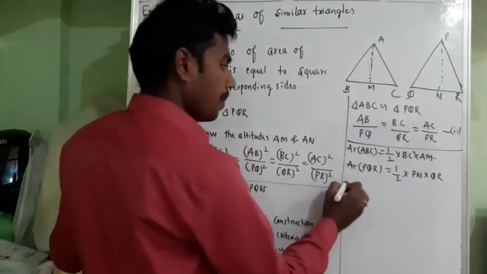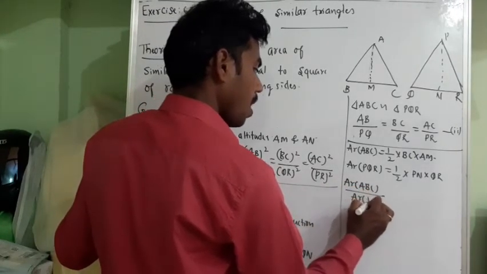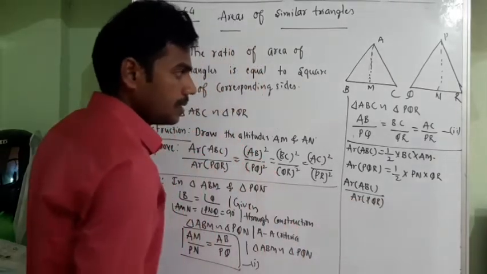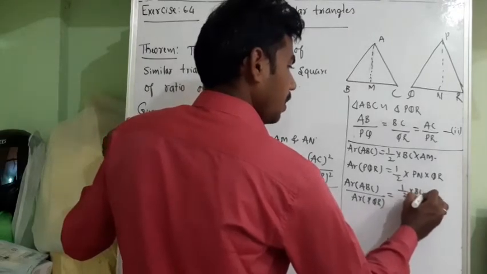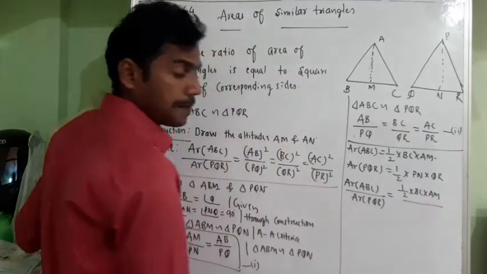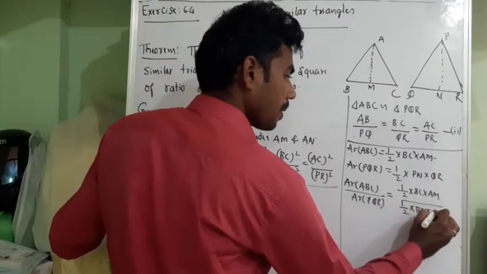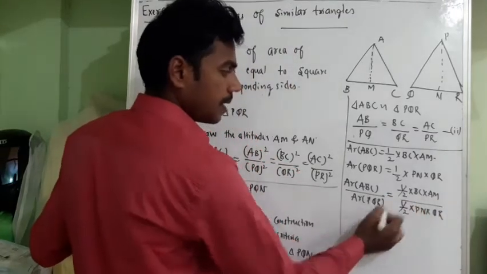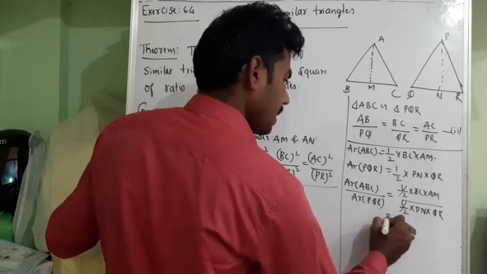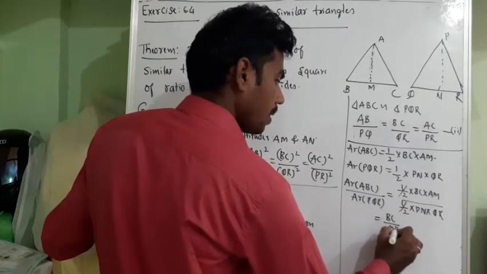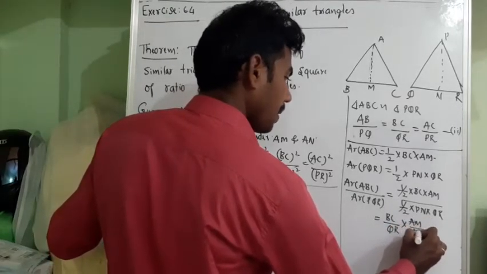Okay. Now, area of triangle ABC divided by area of triangle PQR is equal to half into BC into AM divided by half into PN into QR. This half will get cancelled, which is equal to BC divided by QR into AM divided by PN.